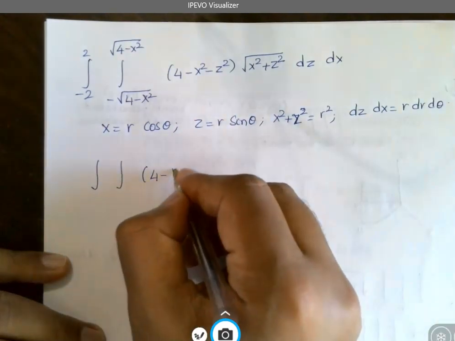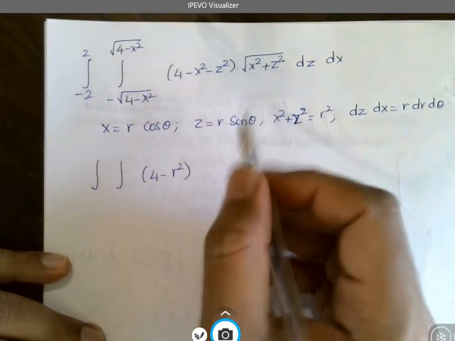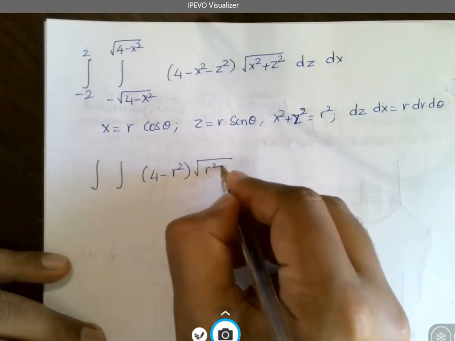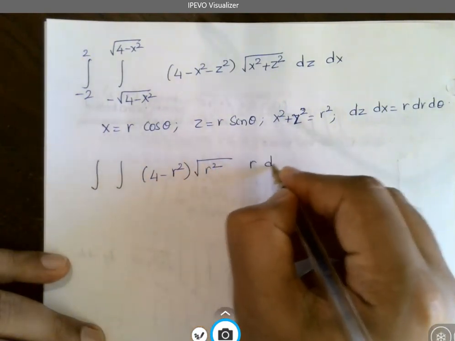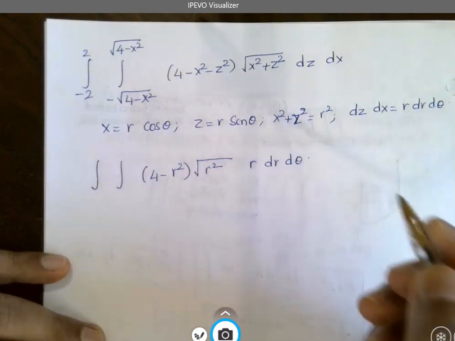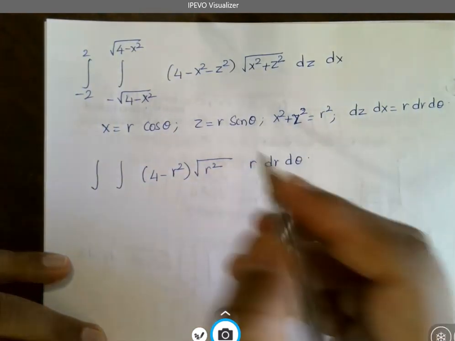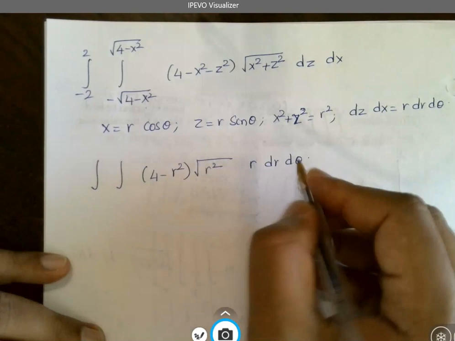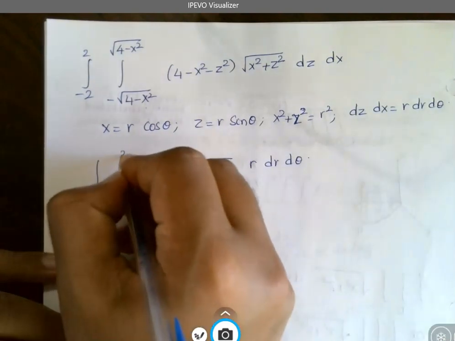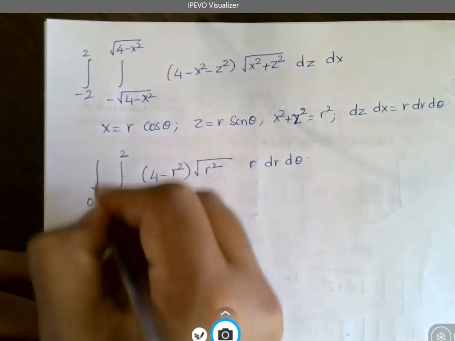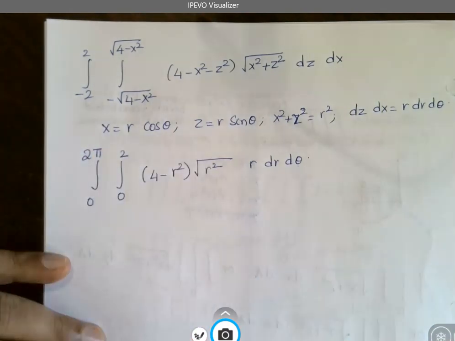So that's going to be 4 minus r squared and square root of r squared, times r dr d theta. I hope I'm right on that. Okay, and my limits of integration would be, for r, varying between 0 and 2, and for theta I'm going full circle, so 0 to 2 pi.